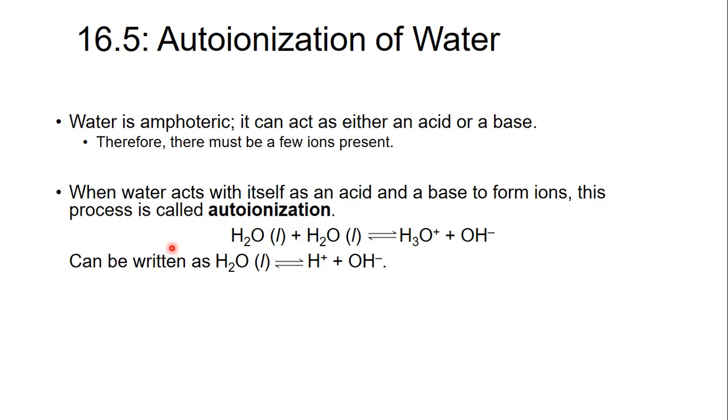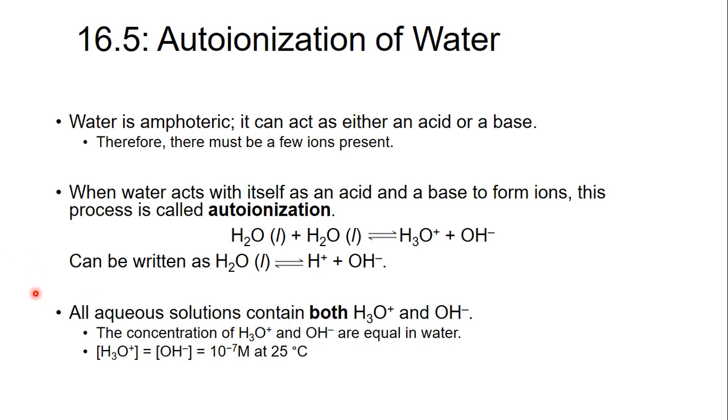We call that acid-base reaction with itself autoionization, where H2O plus another molecule of H2O make H3O+ and OH-. And generally, we just write the autoionization of water as H2O goes to H+ plus OH-. Right?